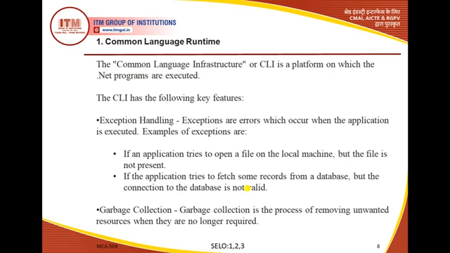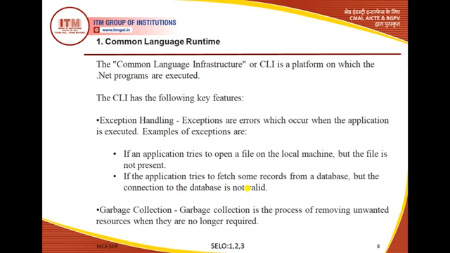If the application tries to fetch some records from the database but the connection to the database is not valid, that is also an exception. Suppose we want to access a certain record from a database, and the database connectivity has already been lost.